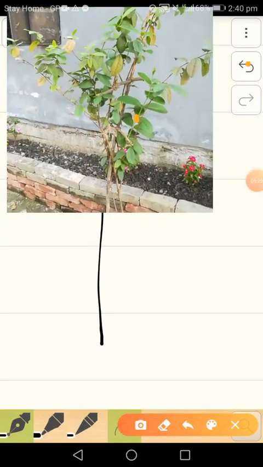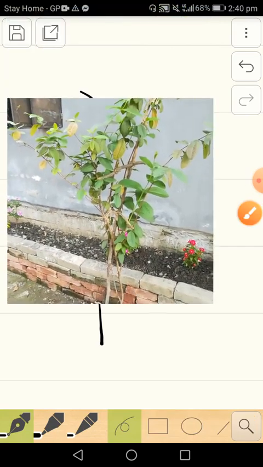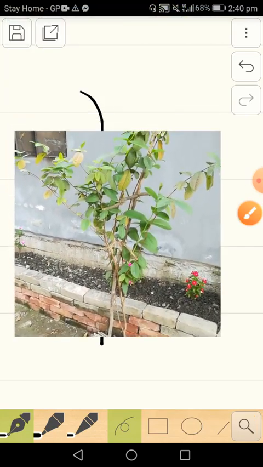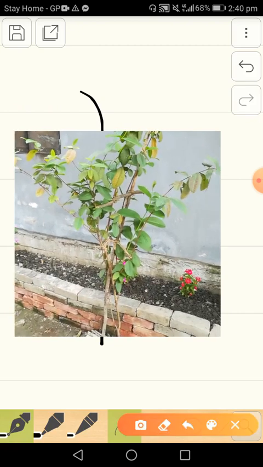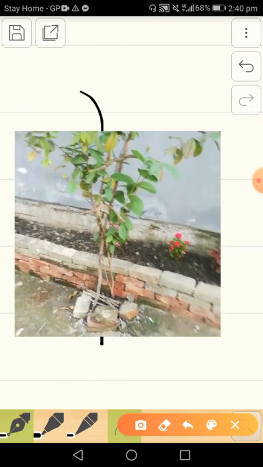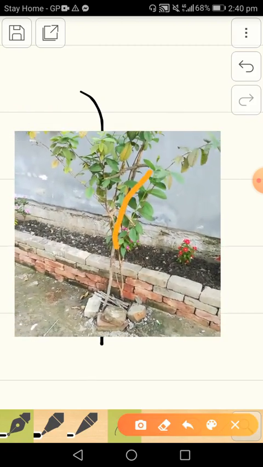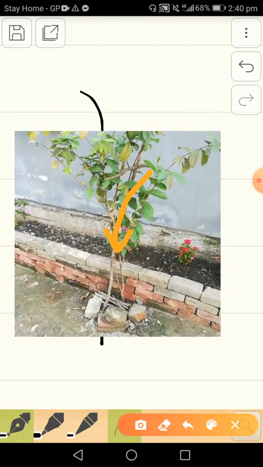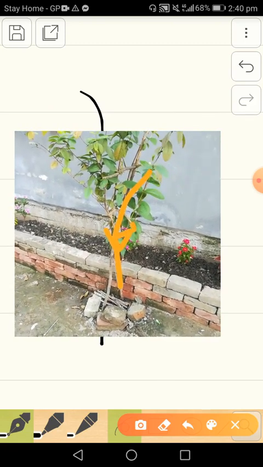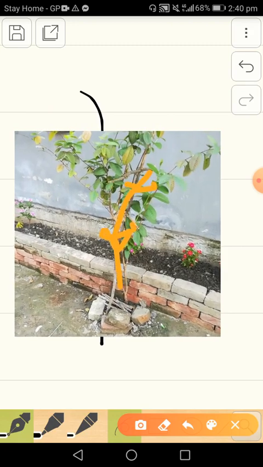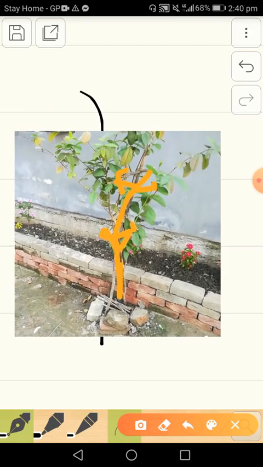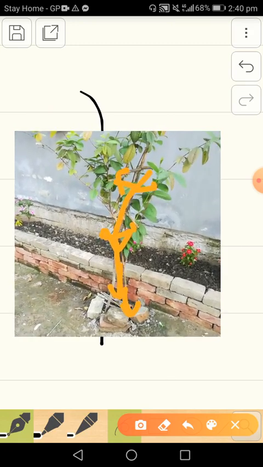Once again, let me show you. Food substances are transported from the leaf to the stem. From the stem, it may spread along the stem, or it may sometimes spread along the leaves. From the stem, it goes to the roots.